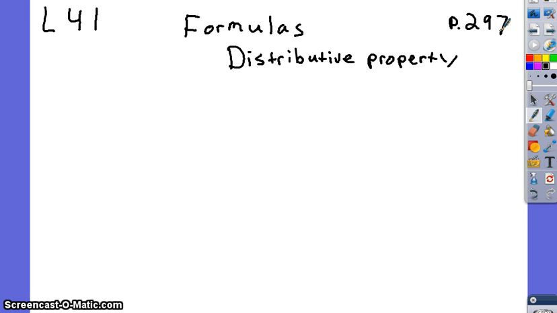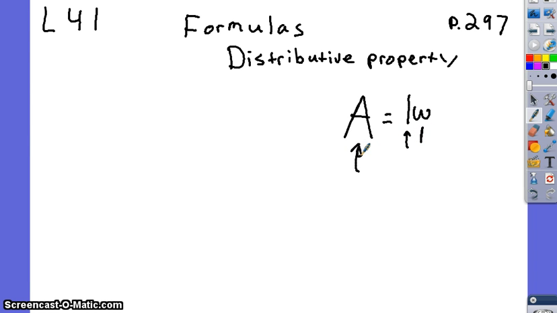We've kind of already looked at this a little bit, but the formula for the area of a rectangle, area equals length times width. And all a formula is, is a standard way we can write a problem out, and all we do is plug in numbers to represent different things.